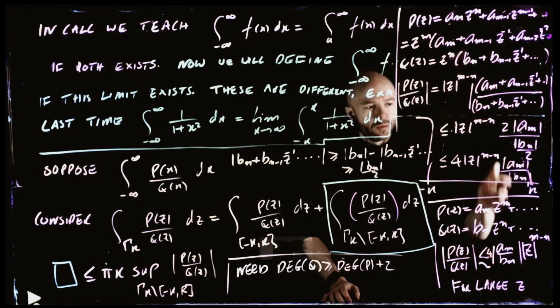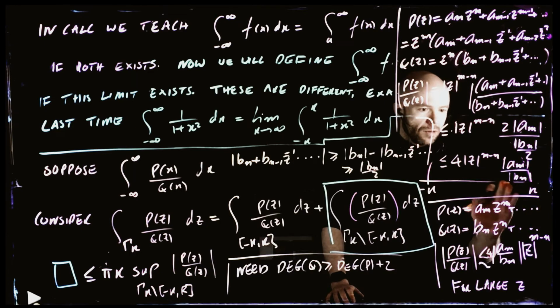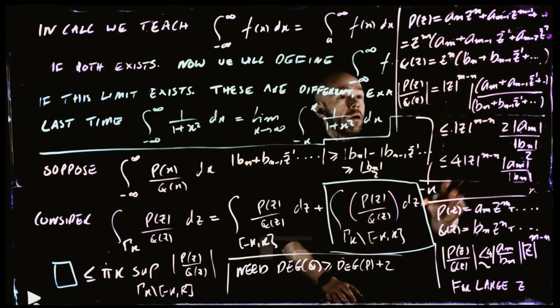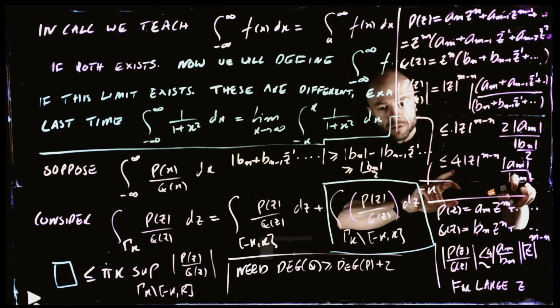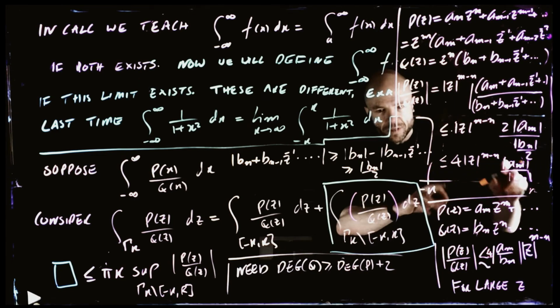We can have any number bigger than 1, but the way I chose it, we have a 4. So now we completely have this for sure. For all large enough radius, this estimate is correct.